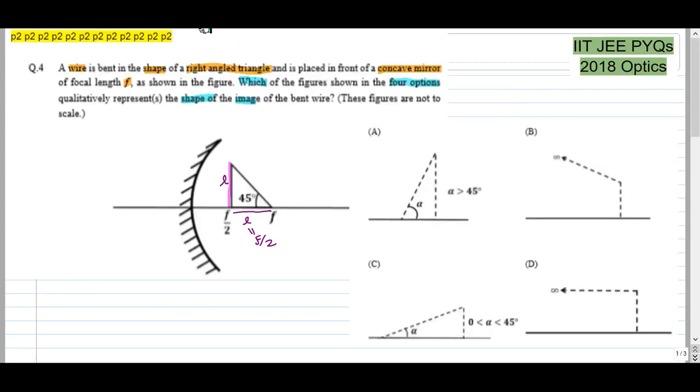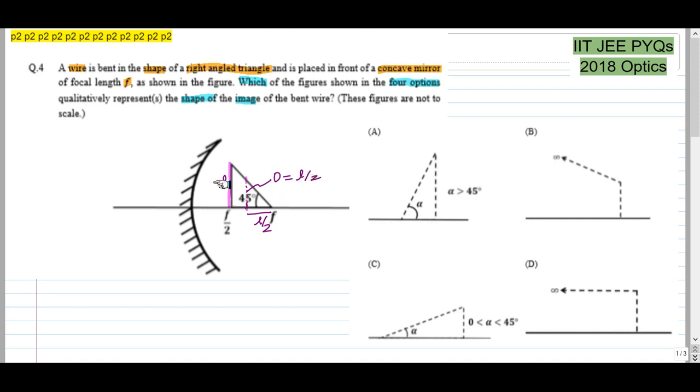And next let me take a pair of elements in the middle, one here and one here. Since it's the middle, this distance is L by 2, and this object size is also L by 2.